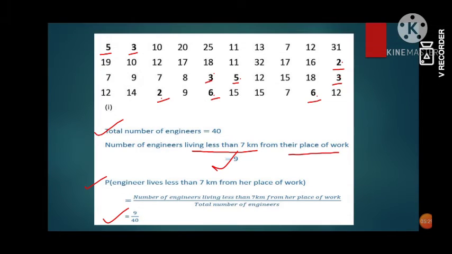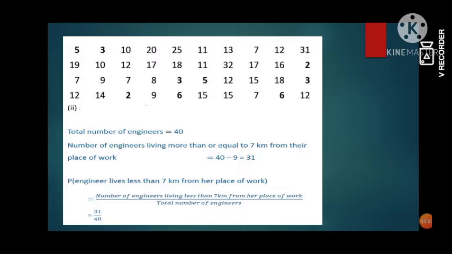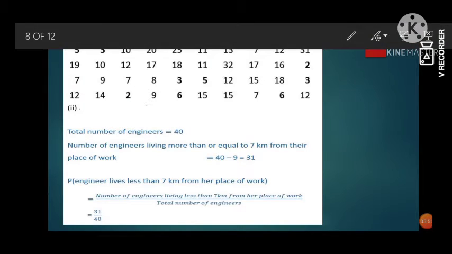So this is our question number 8 subpart 1. Now question number 8 again is a very important sum. Next, subpart 2 of question number 8 asked for the probability of engineers who live more than or equal to 7 kilometers.